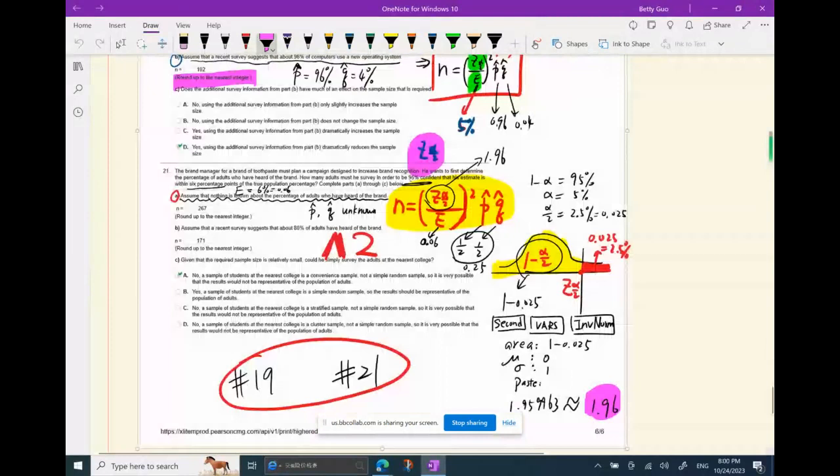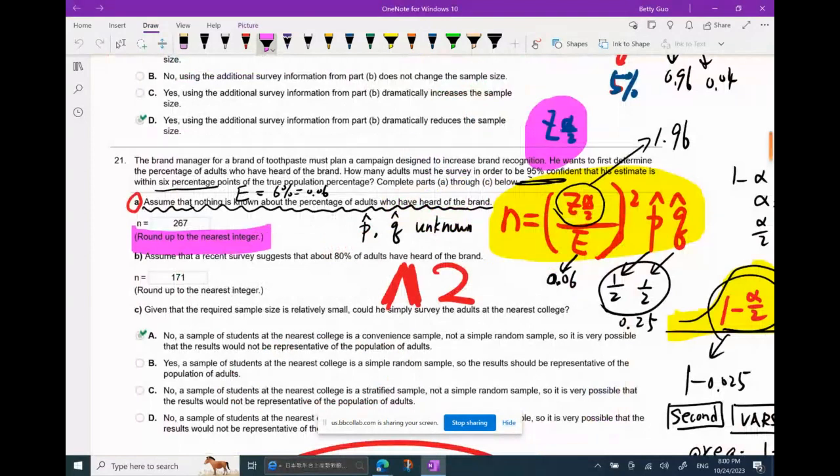So I was going to emphasize this, round up to. Normally you do not see the word "up," then you just follow the normal rounding rule. When the question specifically tells you "round up to," you have to really round up. Even if your answer is 266.12, where normally you should round it down, in this case you're going to round it up, even though this digit is less than 5.